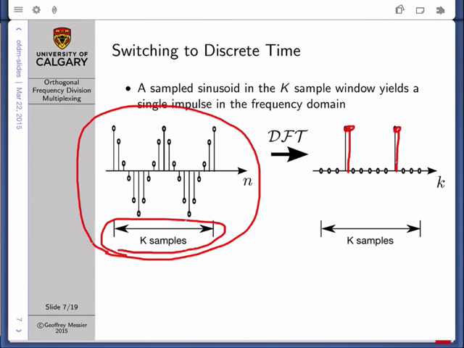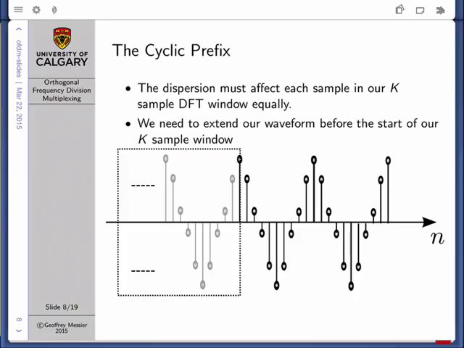And so what this means is that if we're thinking of our signal now as a discrete time signal, we can chop it up, give each little piece a different amplitude and phase according to our modulation scheme. And as long as we use a discrete Fourier transform, we still have a nice delta function in the frequency domain. So we have this nice property of the discrete time signal being truncated and still robust to the dispersive channel, but only on one condition.